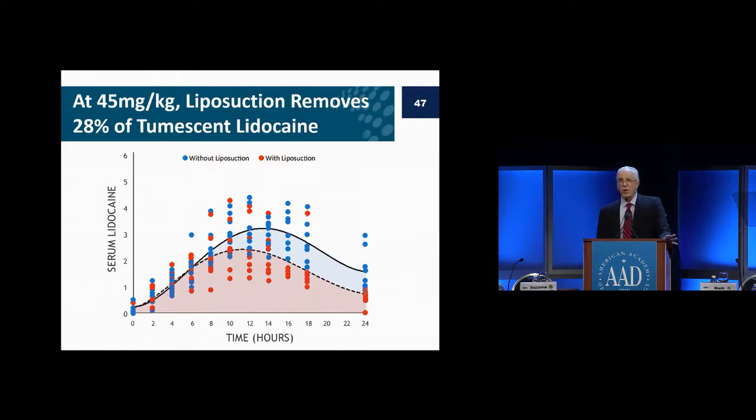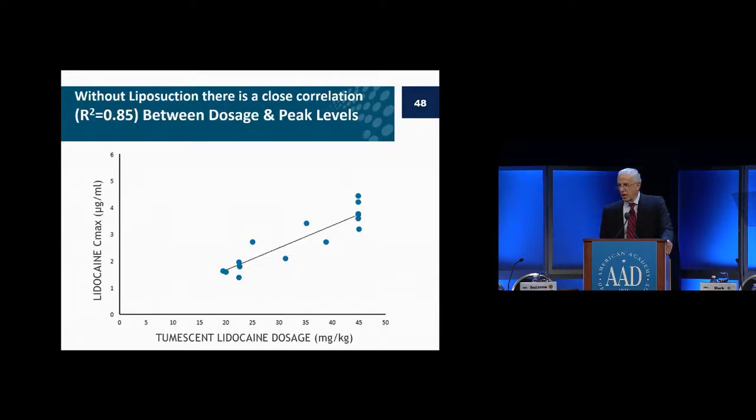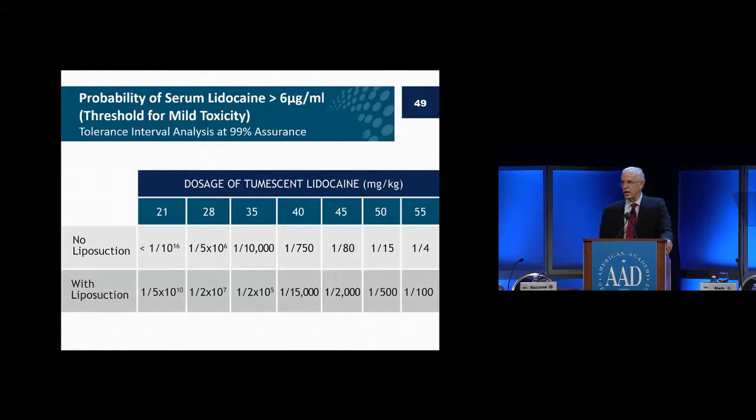So it's clear that we could not use liposuction data to predict a safe dosage for procedures that do not involve liposuction. And also, we noticed that there was a very interesting linear correlation, and we could use that to use tolerance interval analysis to estimate the safe dosages of tumescent lidocaine.